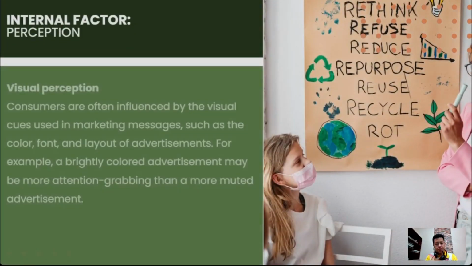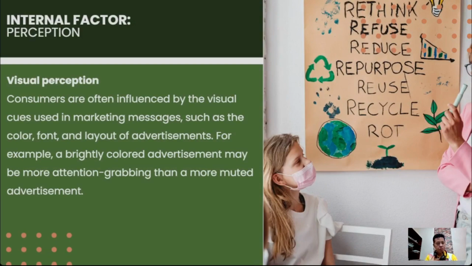Another one is visual perception. Consumers are often influenced by the visual cues used in marketing, especially in sending out messages through whatever campaigns you use, such as colors, fonts, and layouts of advertisements. For example, a brightly colored advertisement may be more attention-grabbing than a more muted advertisement.